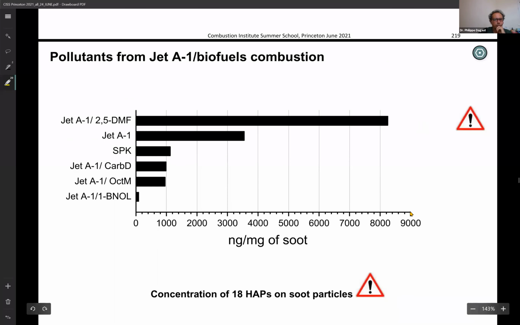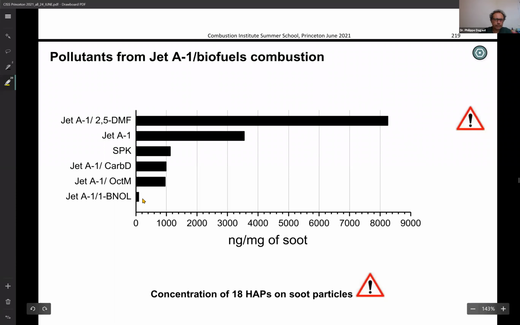So one comment here. These three fuels, and also this one, contain oxygen. This is an aromatic ether. This one is a carbonate. This one is an ester, a methyl ester, and this one is an alcohol.